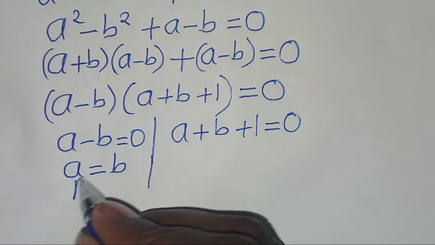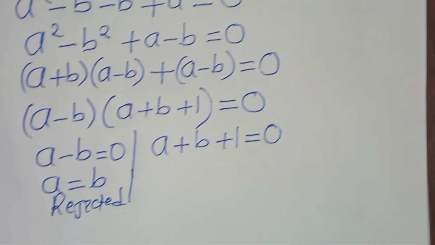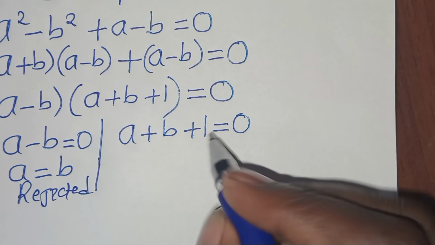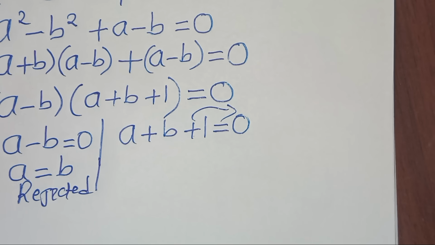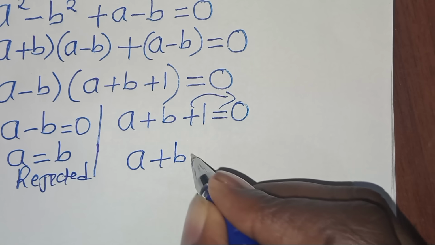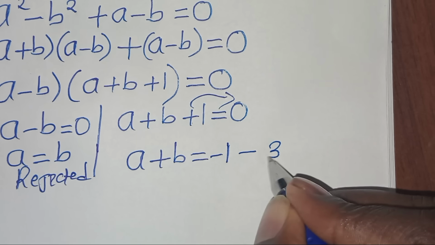So in the first case, this is rejected. Now, we have a plus b plus 1 equal to 0. Let's take plus 1 to the right hand side so that we have a plus b equal to negative 1. Let's call this equation 3.